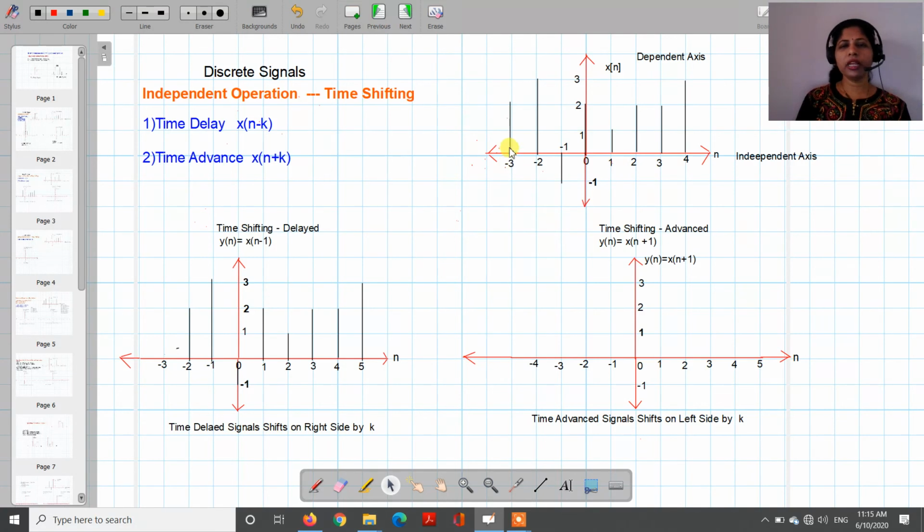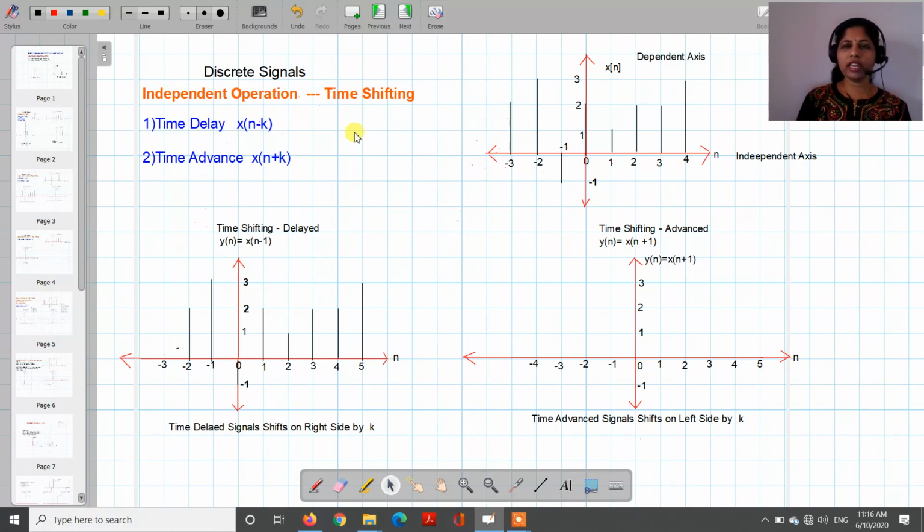In the same way, if we want to perform the time advance operation on x of n, this sample, instead of coming at minus 3, will come before this value. So this sample comes at minus 4. For time advance, x of n plus 1, we have to shift this signal to the left side.